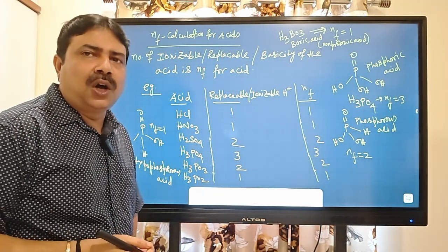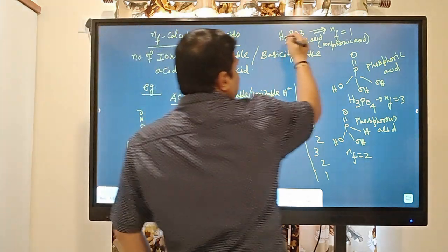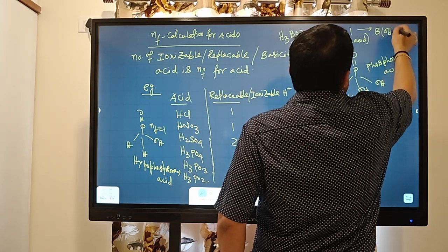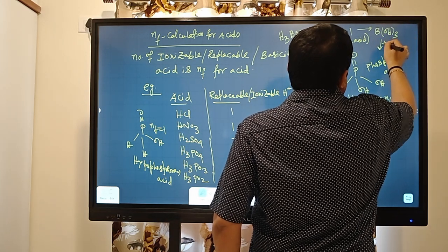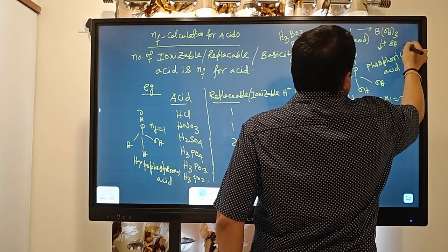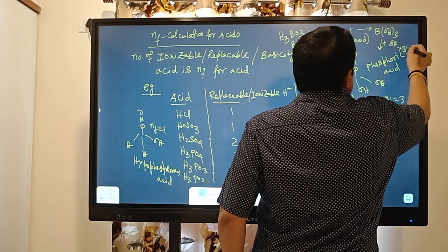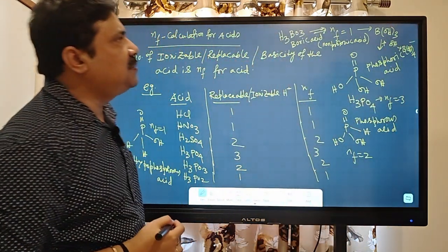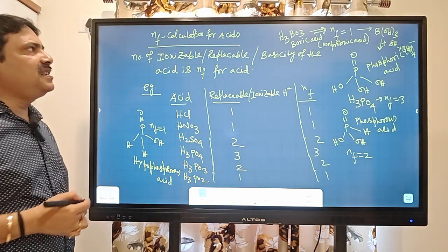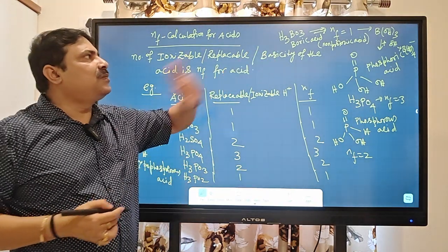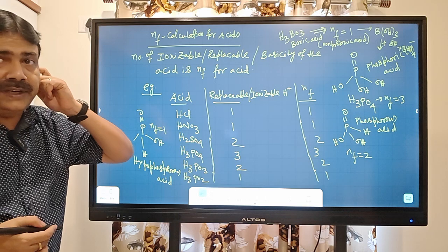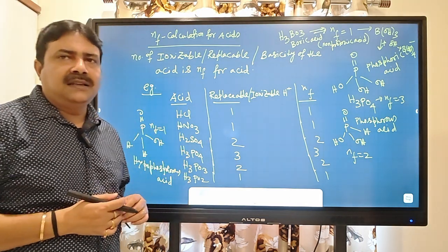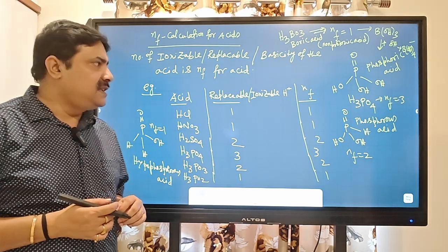Now we can write the formula like this: B(OH)3. It can accept 1 unit of OH minus and be converted to B(OH)4 minus. That's why it can accept 1 unit of base, basicity is 1, and the N factor for boric acid is 1. This is very important. So you understood how to calculate the N factor for acids.